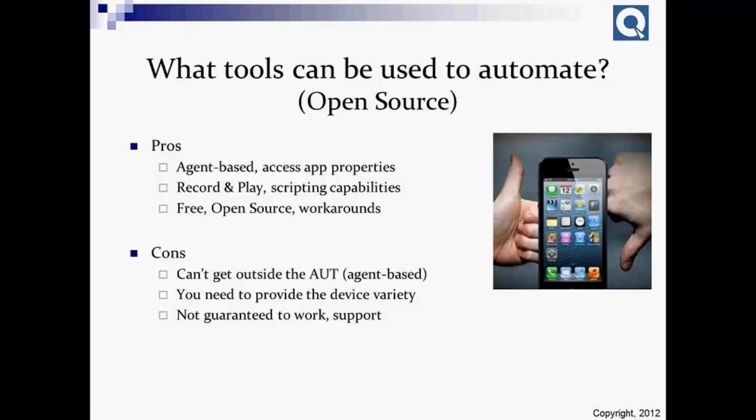The cons is that in order to get the functionality to work, to be able to create some automated tests, they require you to put an agent inside of your application build. So in most cases, you'll have to take this plug-in, if you will, and ask your development team to compile it in with a build of the application.